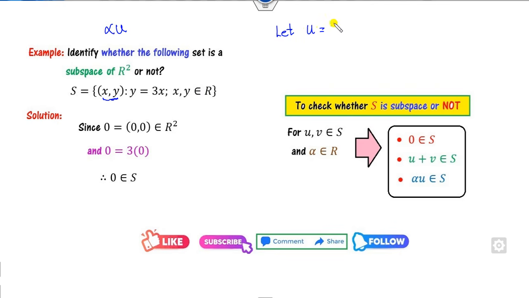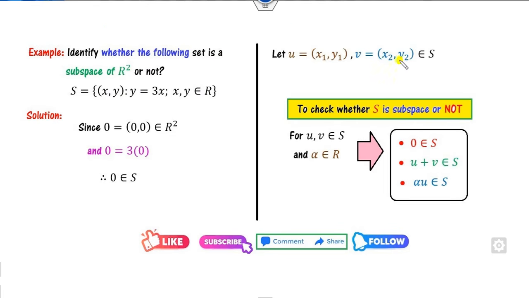So let's say u is my (x1, y1) and v is my (x2, y2), both parts of S. What does it mean? If they satisfy this property, that means y1 is equal to 3x1 and y2 is equal to 3x2.